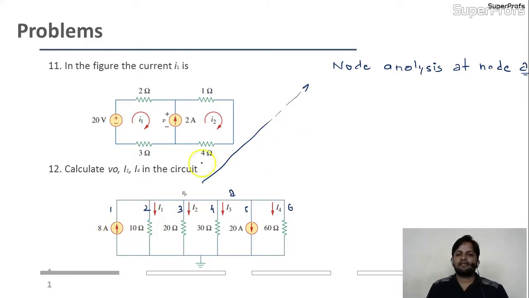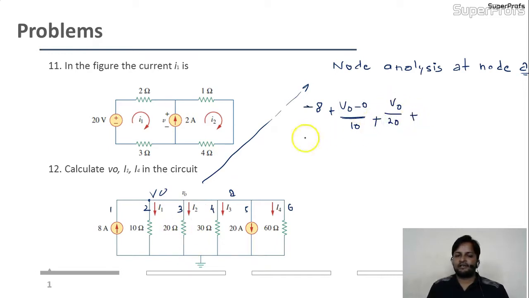I'll start from the first branch. Incoming current, yes, I'm writing the current equation. Minus 8 is the incoming current. What about this? Here the voltage is V0, here the voltage is 0. The outgoing current is V0 minus 0 divided by 10. Next, V0 minus 0 divided by 20, V0 by 20.